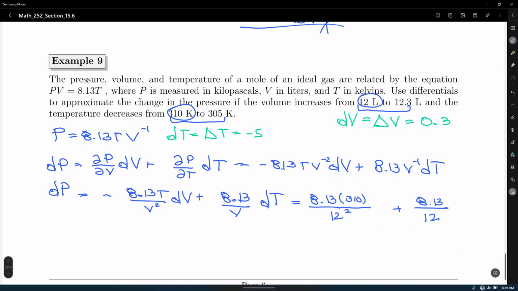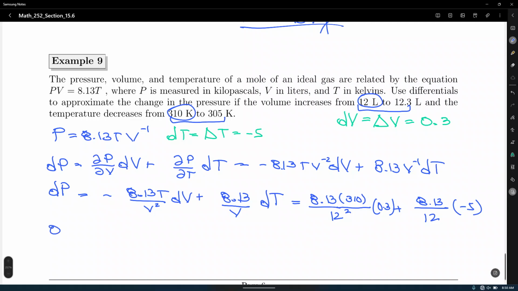Okay, so let's multiply this by dV, which is 0.3, and by negative 5, all right? After simplifying all this, just use your calculator to get the following result.